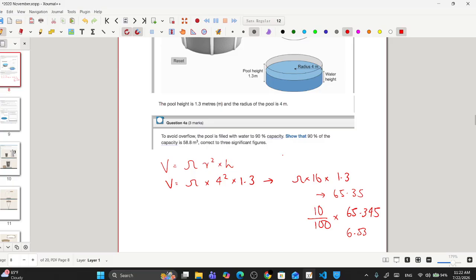Let's subtract this from 65.345. If we do it, we get an answer of exactly 58.8. Hence, our answer has been proved.